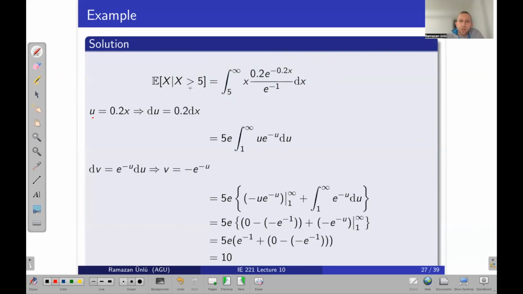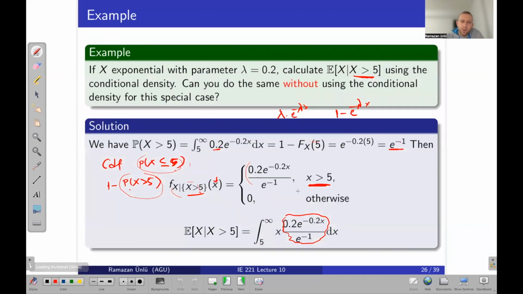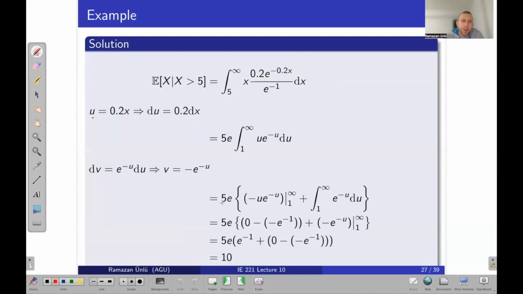Now we can do some simple math to solve that integration. Let's define u equal to 0.2x, so that du will be 0.2 dx, right?